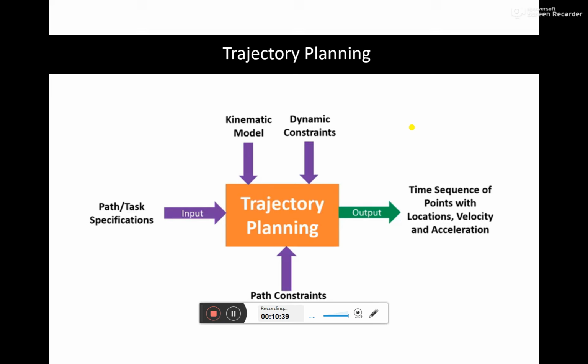And in the dynamic part, the robot should reach from point A to point C without any collision. For that, within 2 minutes or 5 minutes, the time sequence, we have to plan exactly.